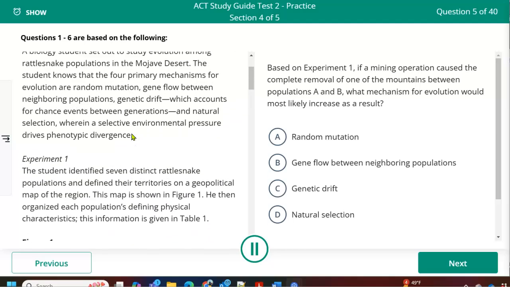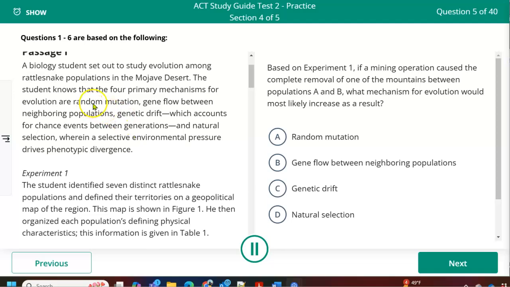And then there was random mutation. Random mutation can happen with or without mountains. Genetic drift, which is just chance events, natural selection. Well, the natural selection, that is because of the mountains. But if you took a mountain out, then you could get gene flow between neighboring populations.